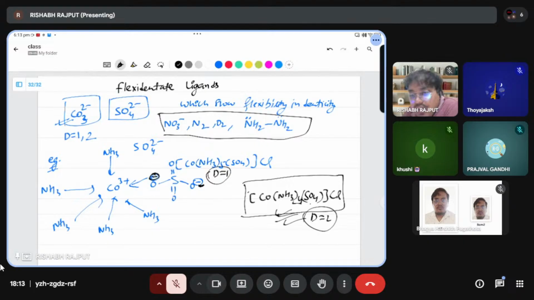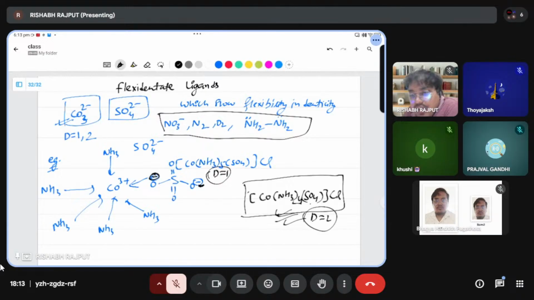Now I will give one more two definitions only, then we will move on to IUPAC naming. This definition I am giving is not so easy, but in the future it will help you.